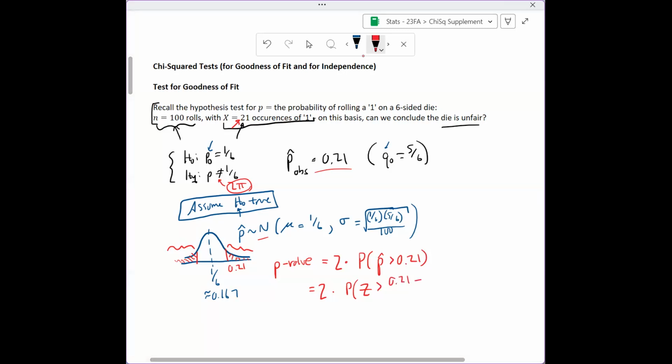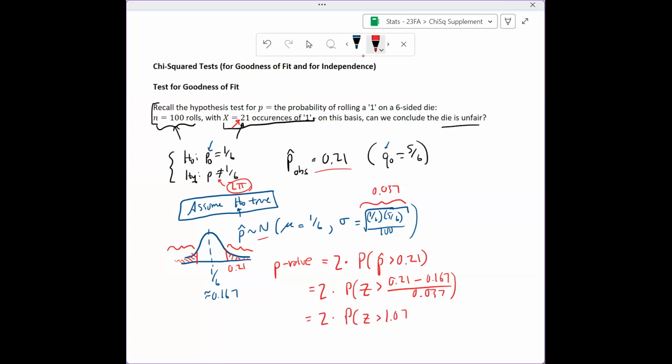0.21 minus the null hypothesized mean over the standard error, which turns out to be about 0.037. And this is twice the probability Z is bigger than 1.07.